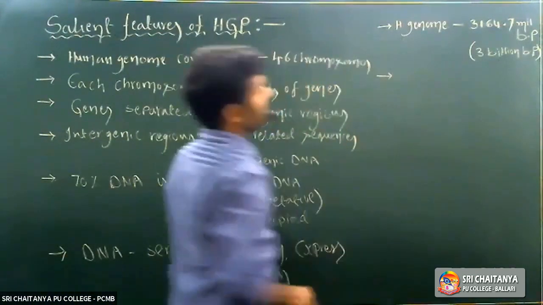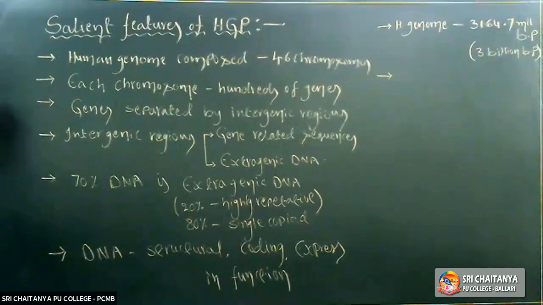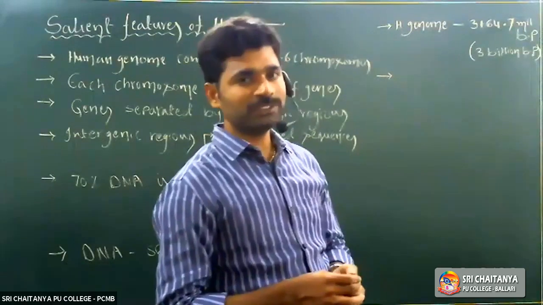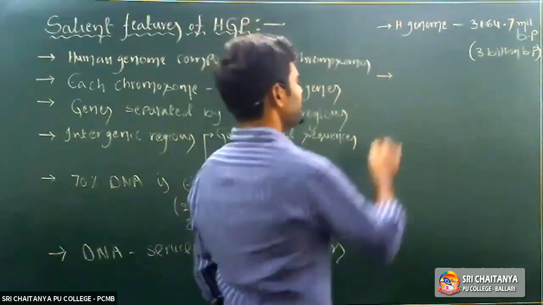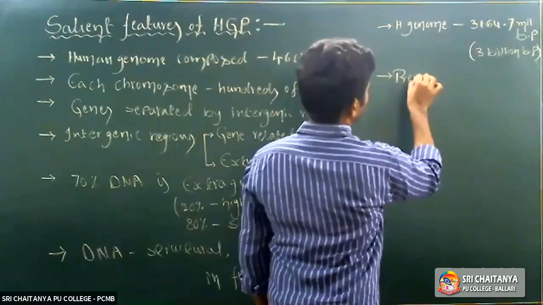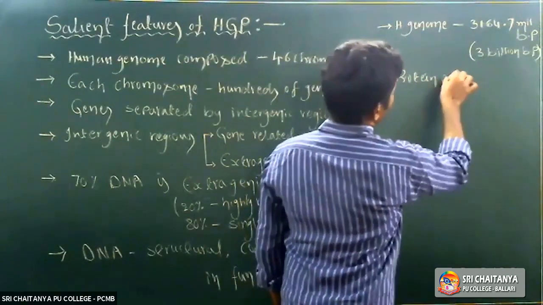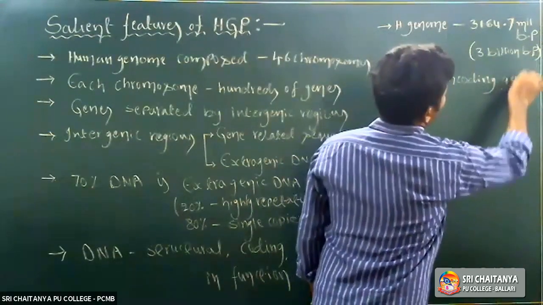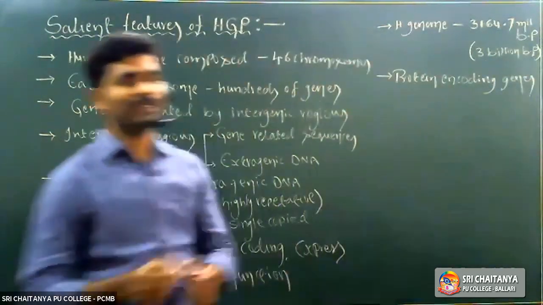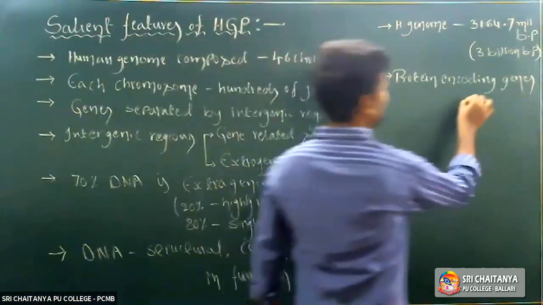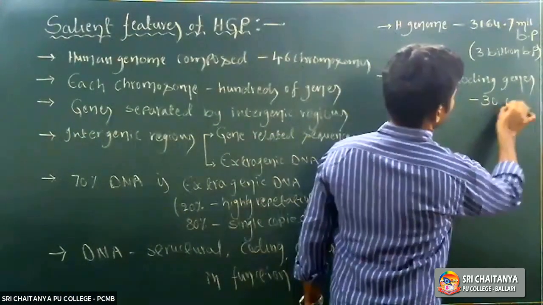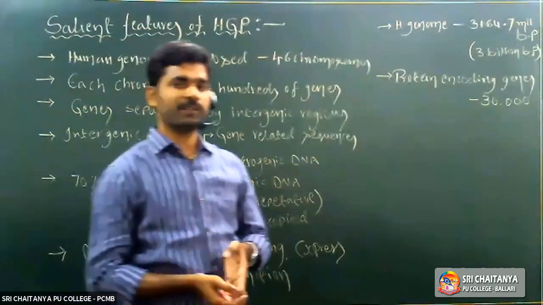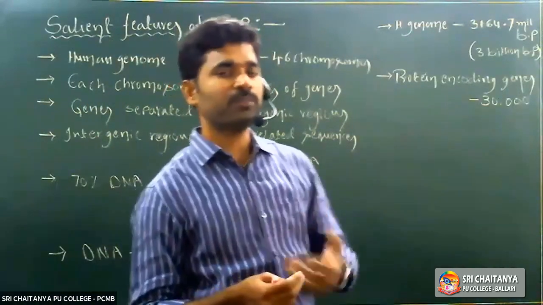And the next one. In the human genome or human genetic material, the estimated protein encoding genes are 30,000, right? Protein encoding genes are nothing but the genes which are involved in protein synthesis.